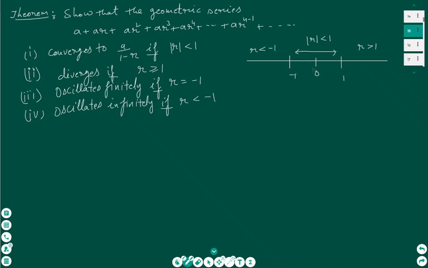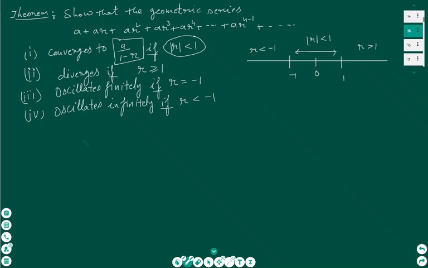So you have to show that the series converges if and only if the modulus of r is strictly less than 1, otherwise it is either diverging or oscillating. And also we are given the limit of the series. The limit of the series is a over 1 minus r.